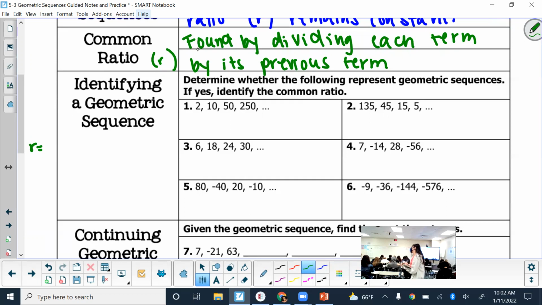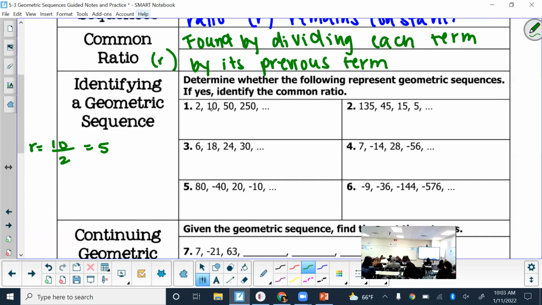So how do you find the common ratio? It says dividing each term by its previous term. So maybe take one of the terms, like 10, and divide it by its previous term, which is 2. What do we get? We get 5.